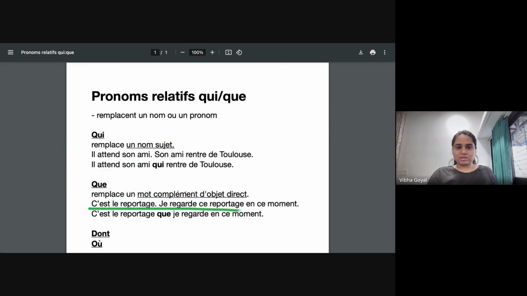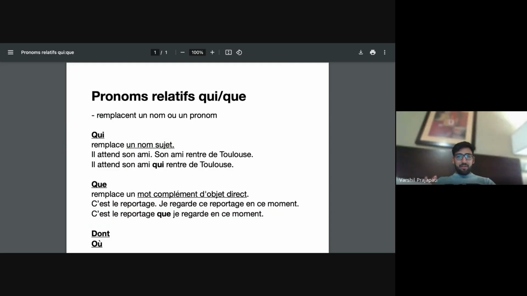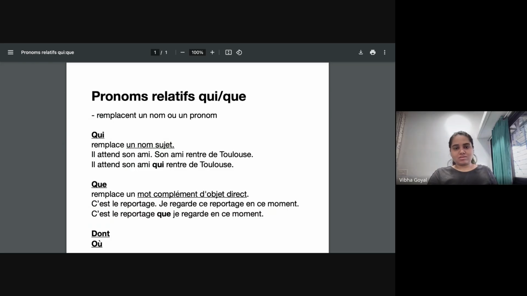Okay, read this sentence. C'est le reportage. Je regarde ce reportage en ce moment. C'est le reportage que je regarde en ce moment. Both are for direct object, right? A little, but son ami is also a person.